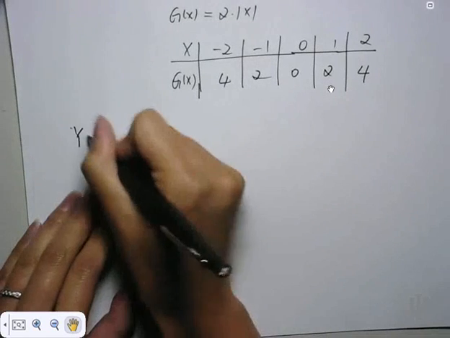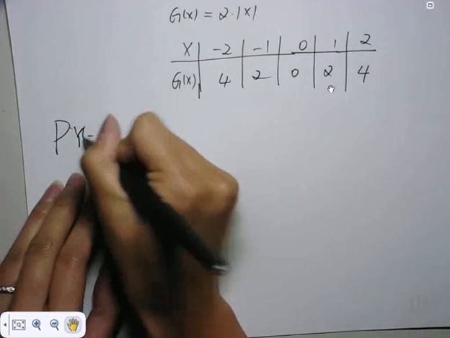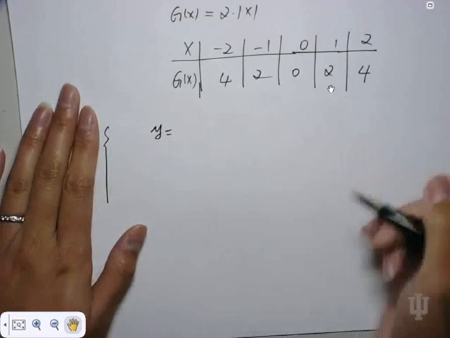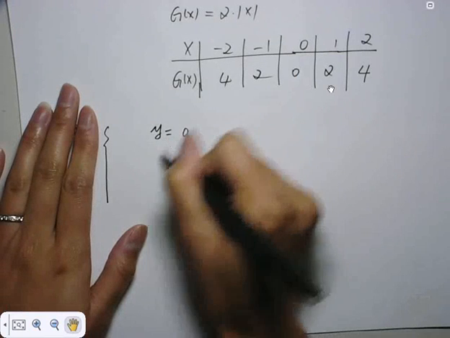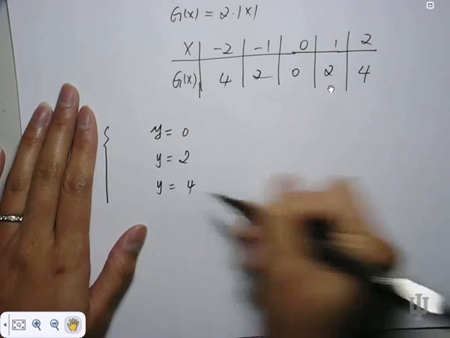That means your y can only take on value y equals 0, y equals 2, y equals 4, right?